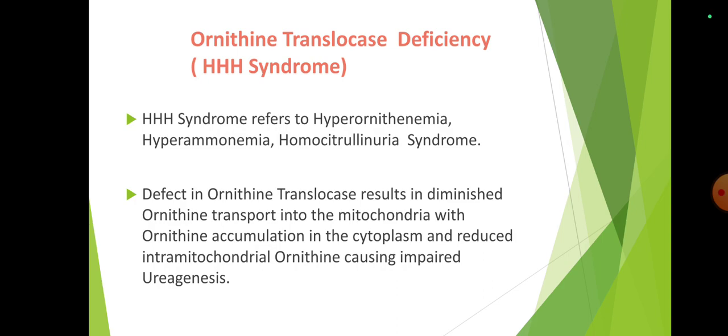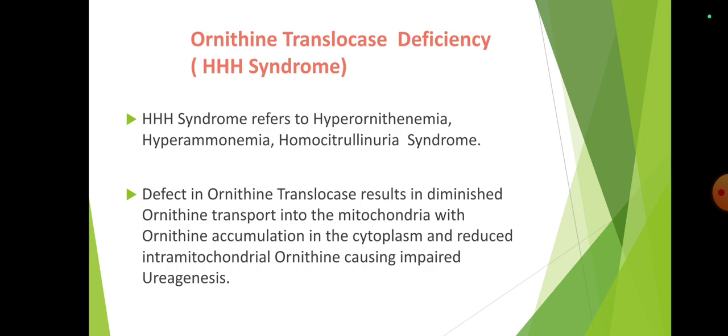If there is a deficiency in the ornithine translocase system, then there is no transport of ornithine from the cytosol to mitochondria, and a syndrome occurs. Syndrome means a group of symptoms of disease, not a single disease.